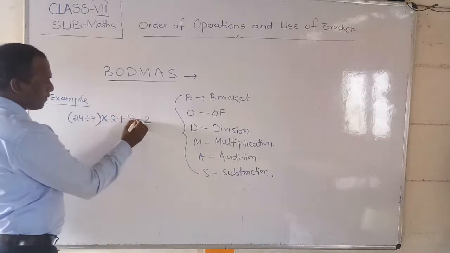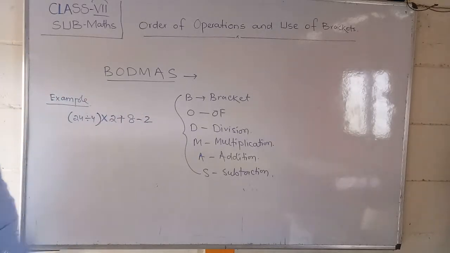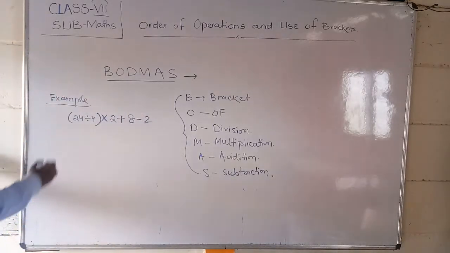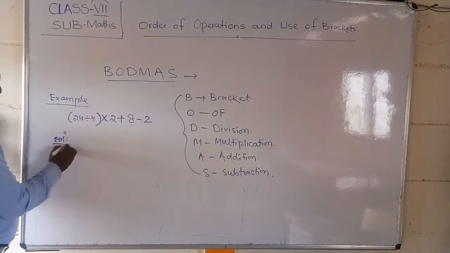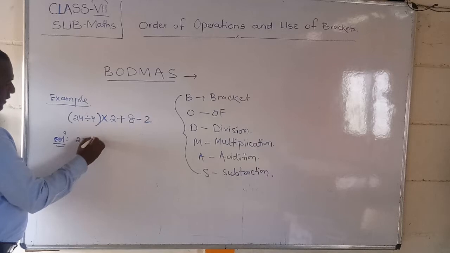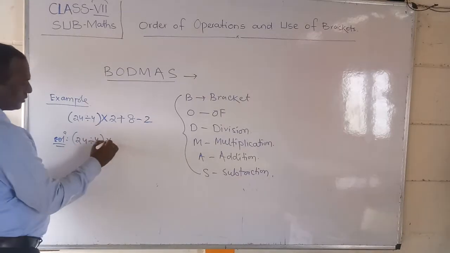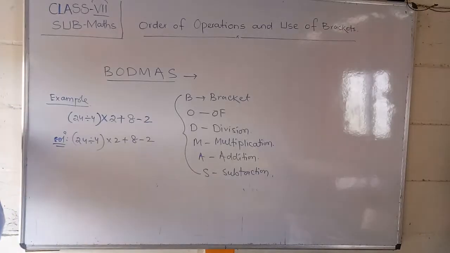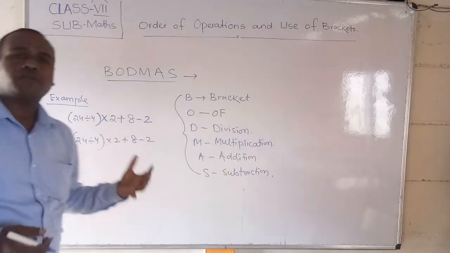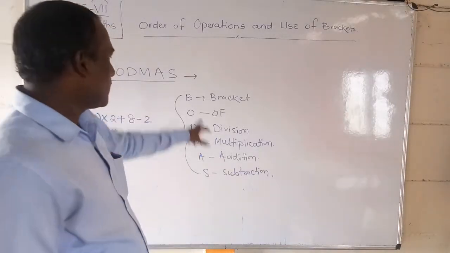That means all four basic operations are there. So first of all, what are you going to solve? Solution: 24 divided by 4 bracket into 2 plus 8 minus 2. In this case, which operation do you have to do first? You have to follow the Bodmas rule.